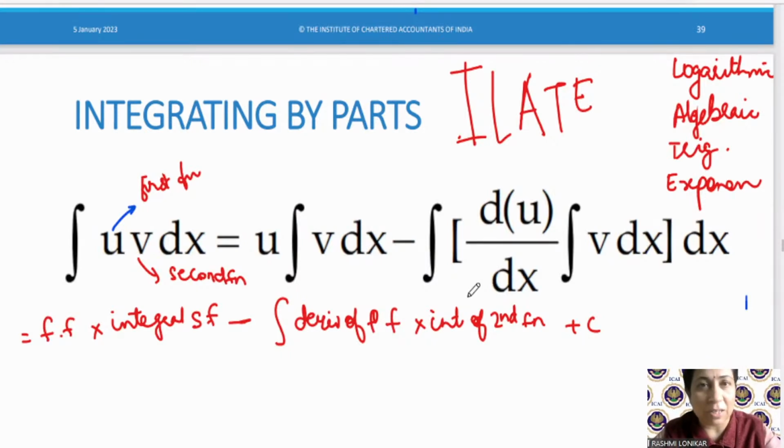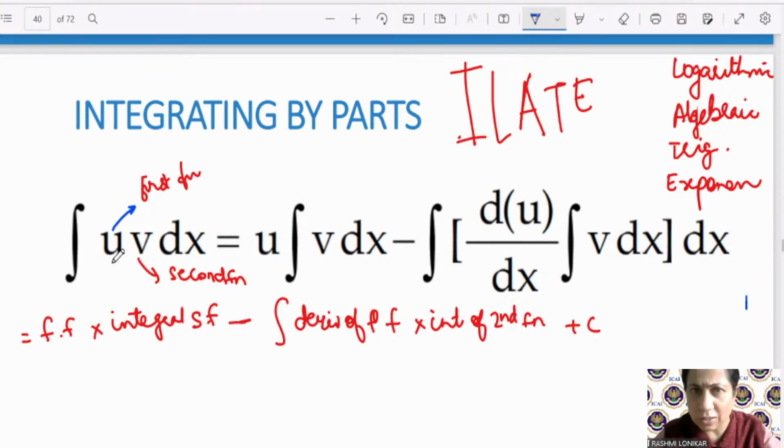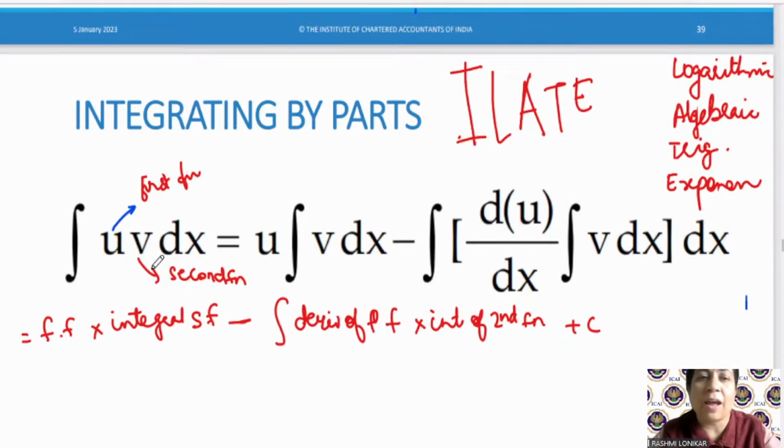But when it is multiplication, if I have two functions, u and v, which are functions in x and are multiplied to each other, and I have to integrate this multiplication, then the formula is called integrating by parts: u, that is the first function, into the integration of the second, minus the integration of the differentiation of the first function into the integration of the second function.